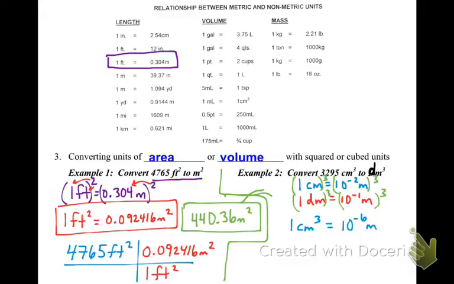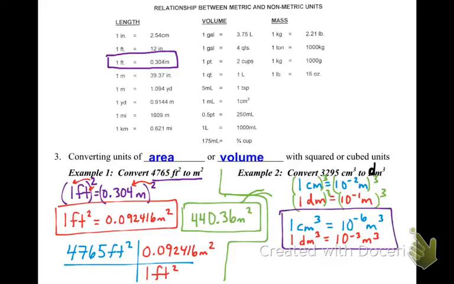And decimeters, 1 cubic decimeter is equal to 10 to the negative 3rd meters cubed. Forgot to write the cubed. So we now have our 2 new conversion factors, I should say.